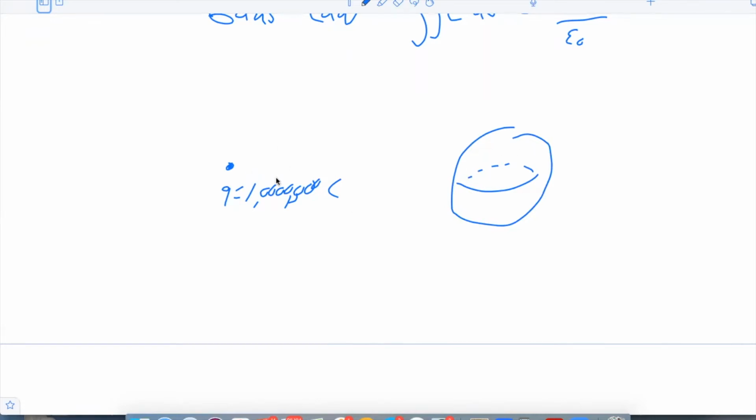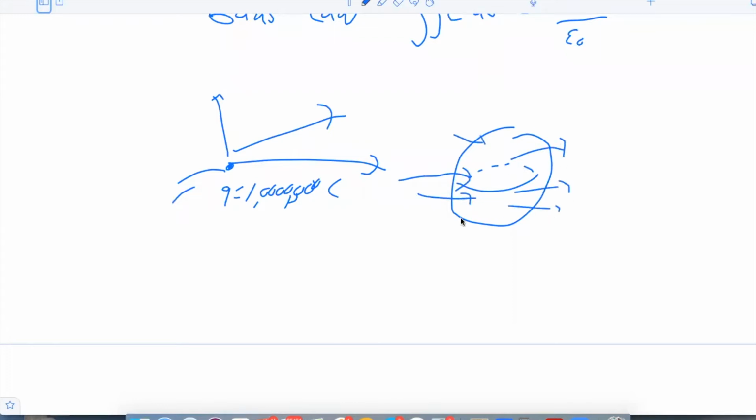This guy's creating a gigantic electric field. He's got electric field lines that are flowing out of him, and they're going to be huge. All of these lines are going to be flowing through here. But whatever flows in to my surface is also going to flow back out. Think of the electric field like literally like currents.